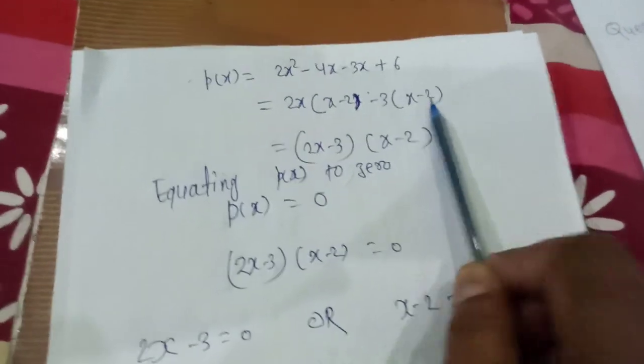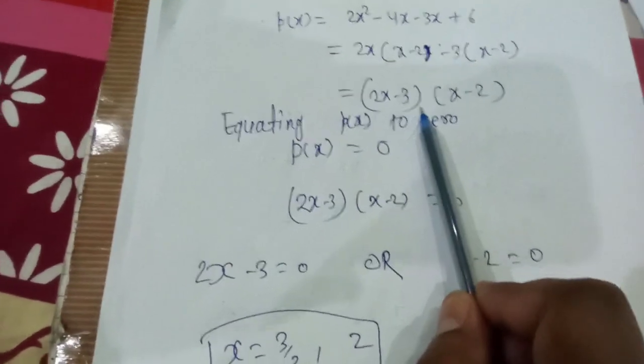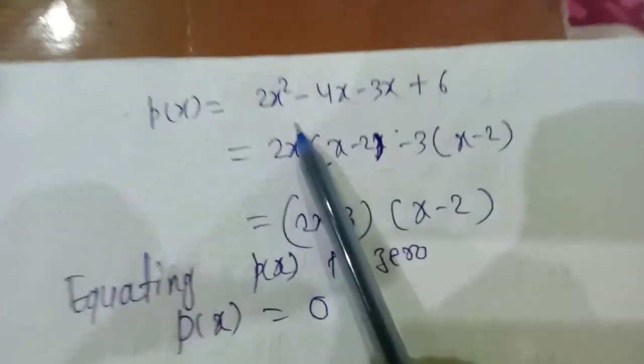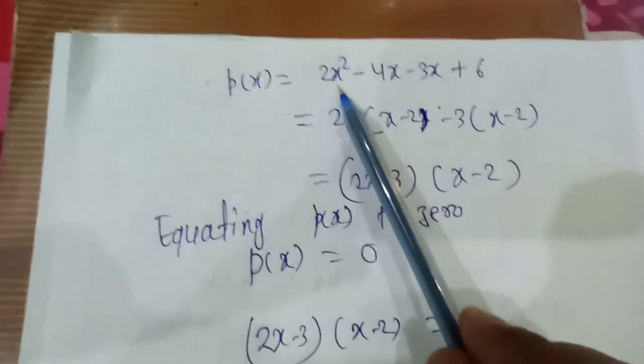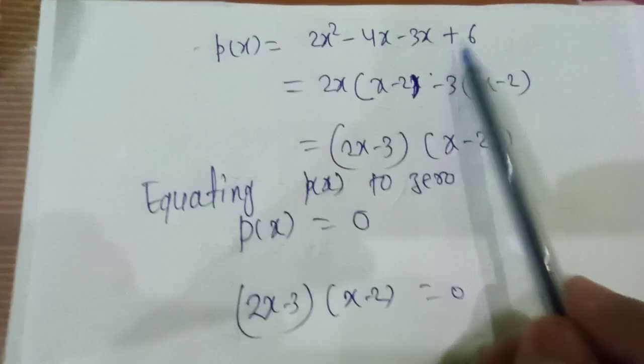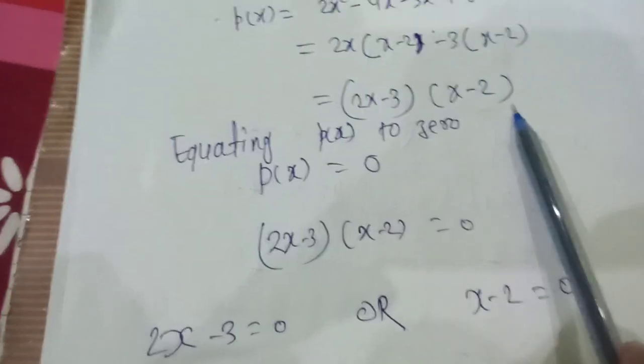So the common factor is x minus 2, and this is x minus 2 into 2x minus 3. So we have factorized the quadratic 2x square minus 7x plus 6 into 2x minus 3 into x minus 2.